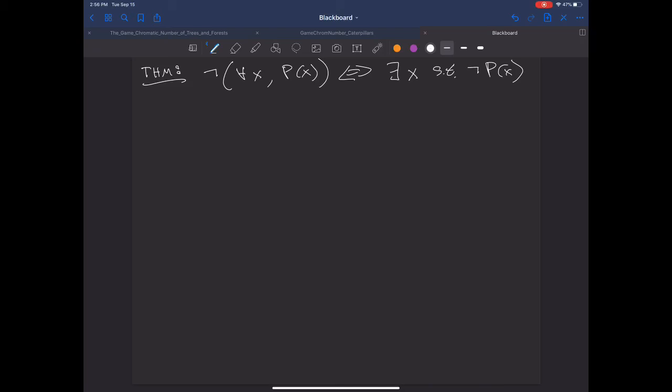So the negation of every x makes p of x true is that there has to exist at least one x that makes p of x false. Hopefully that makes a little bit of sense.